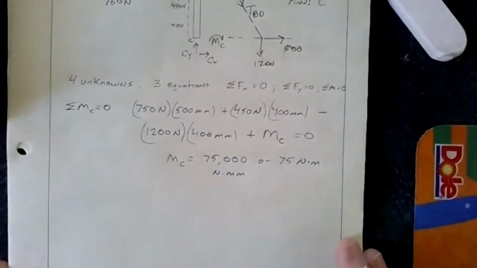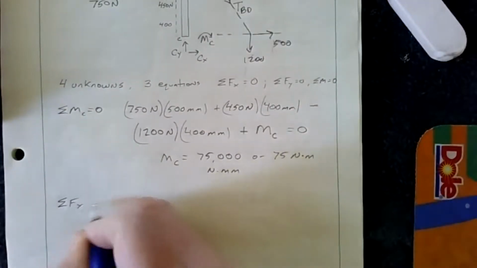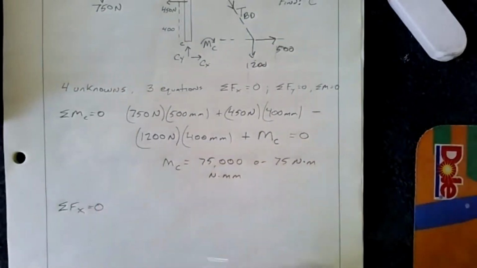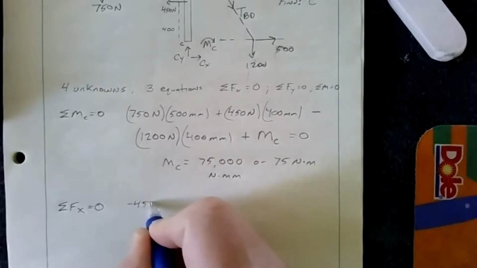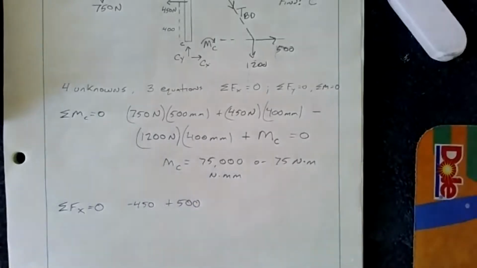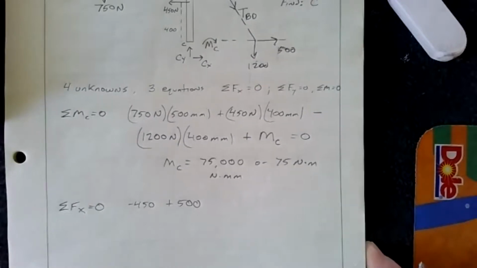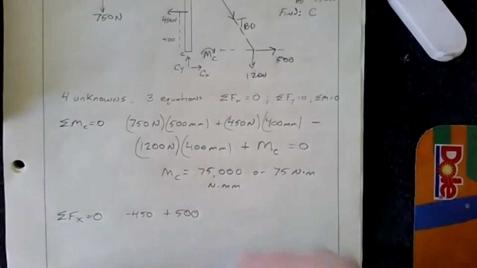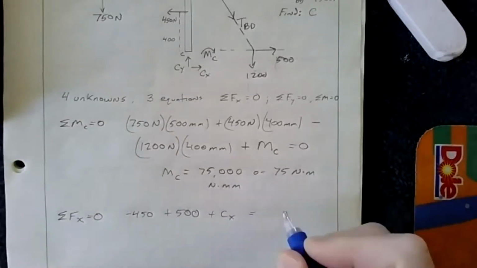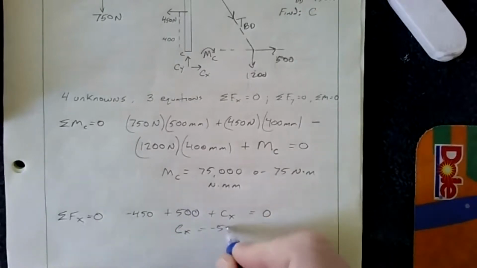All right, so now last thing, sum the forces in the X, because we want to know what Cx and Cy are. So if we do that, we should get negative 450 plus 500, plus Cx equals 0, Cx equals negative 50 newtons.